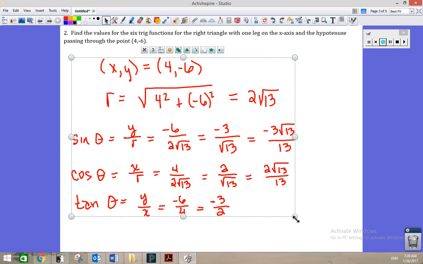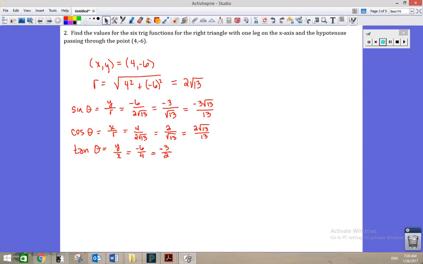Shrink this up so we can give ourselves a little bit of room here. The cosecant of theta is r over y, negative radical 13 over 3.